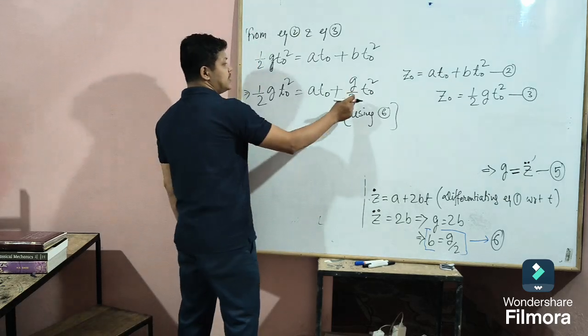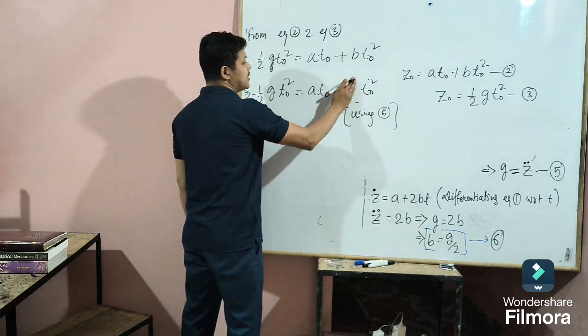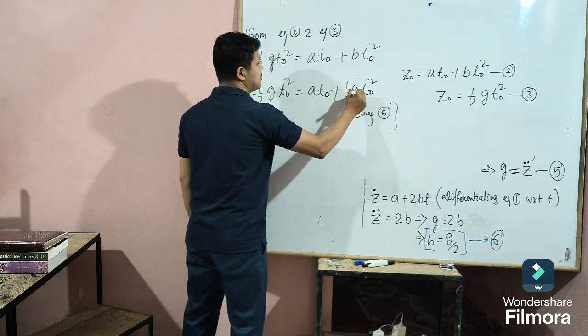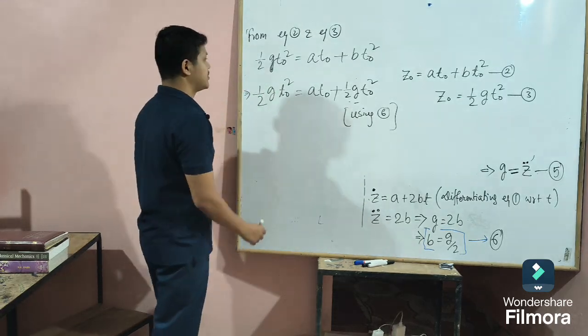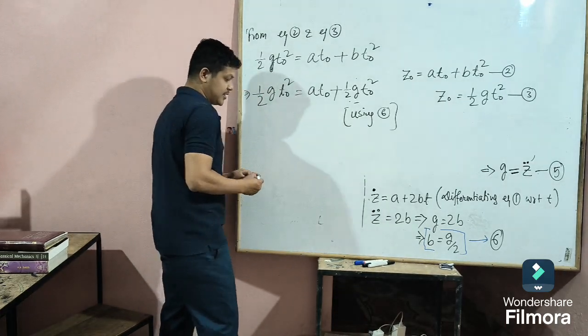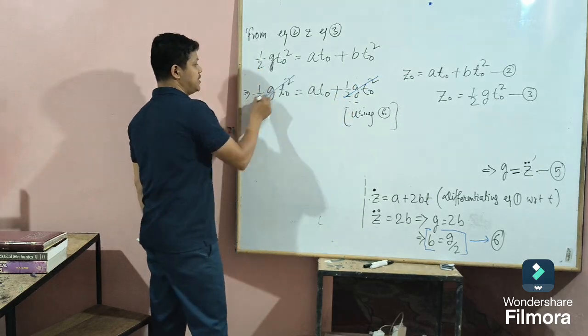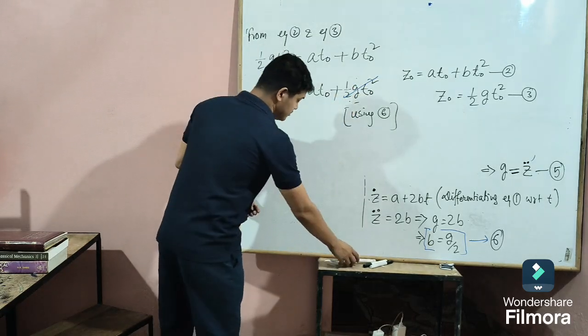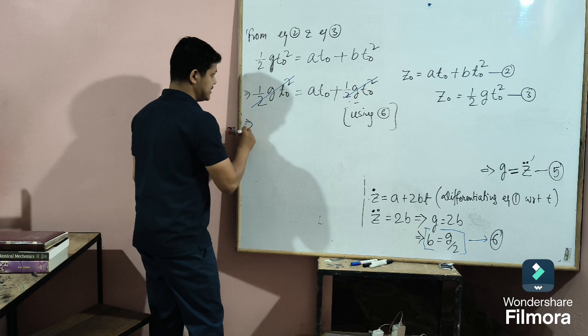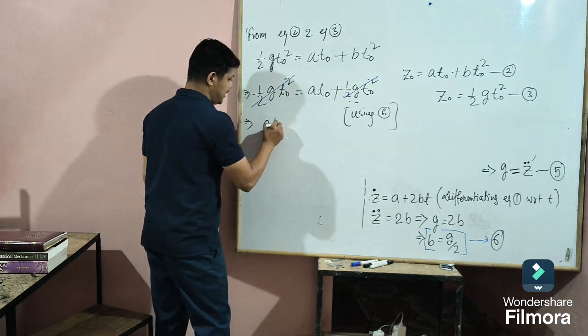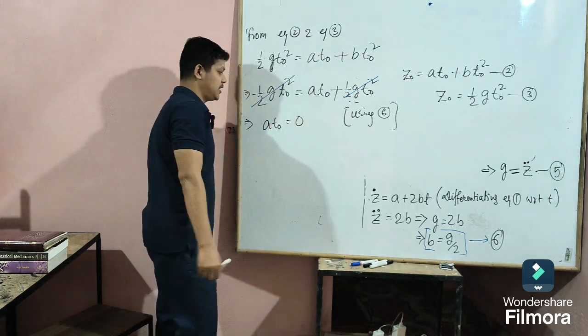So you can write it this way, half into z into t naught squared, right? Now you see these two terms cancel, half z t naught squared cancels. So this is a t naught is equal to 0, right?